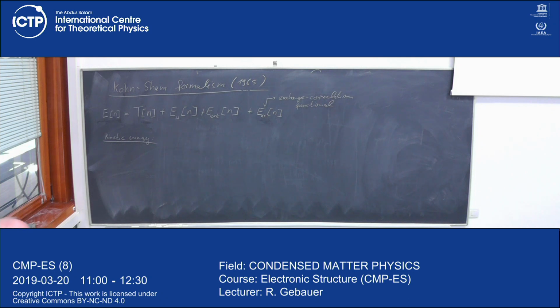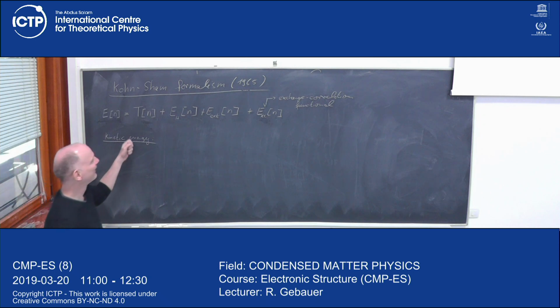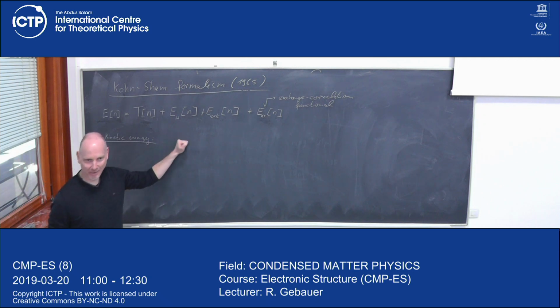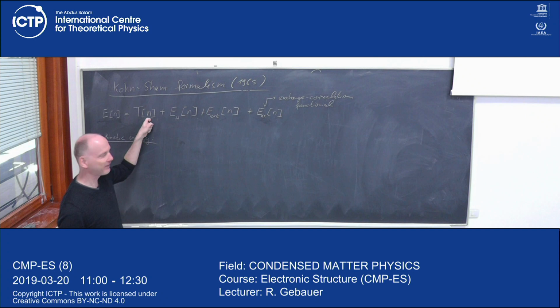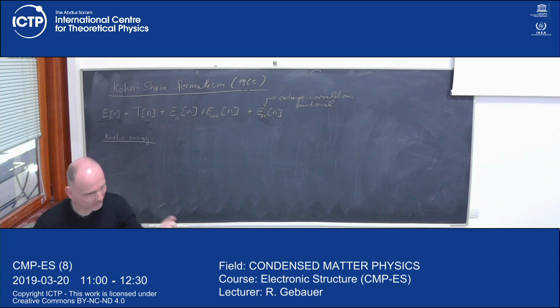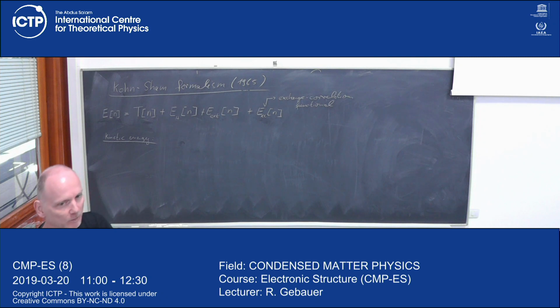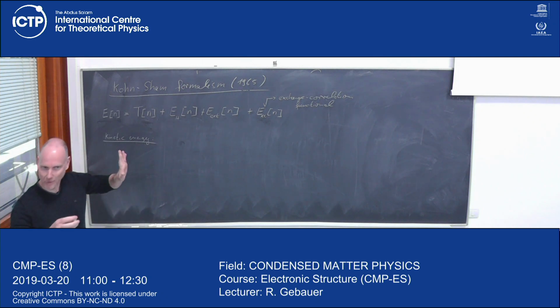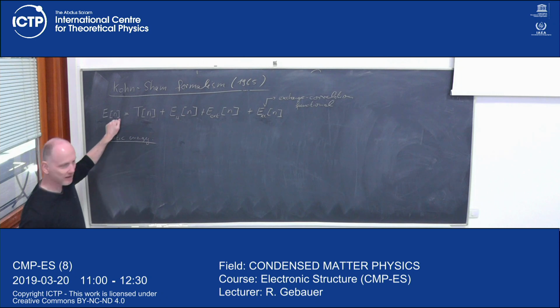So now we are kind of at square one again. We need an expression for the kinetic energy. We know how it would look in Hartree-Fock. We would like to have it as a function of the density, but what is available is not good. So what did Kohn and Sham do? They said, let us do a change of variables. We know that in DFT, we have proven it ourselves, the density is the basic variable.